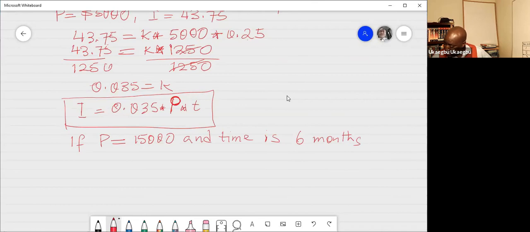So the interest would be 0.035 multiplied by the principal 15,000 multiplied by 6 months, which is 0.5.